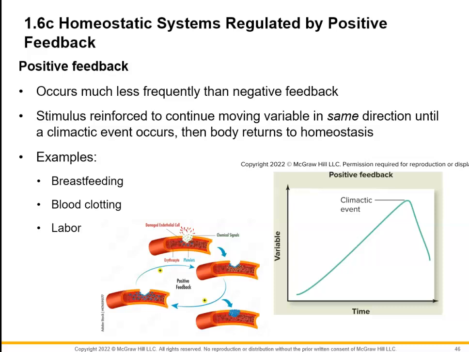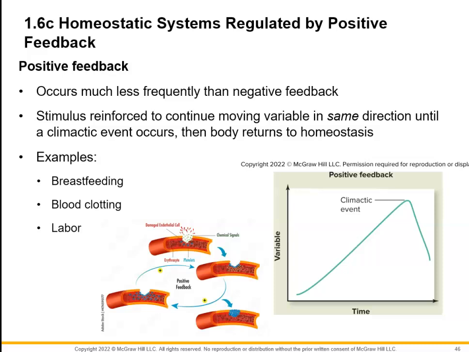So that's positive feedback. So one example of that is when a mother is breastfeeding the baby. So the baby is suckling at the breast, and that's the initial stimulus. It's detected by sensory receptors in the hypothalamus. The hypothalamus then signals another brain structure called the pituitary gland to release a hormone, a chemical messenger called oxytocin.